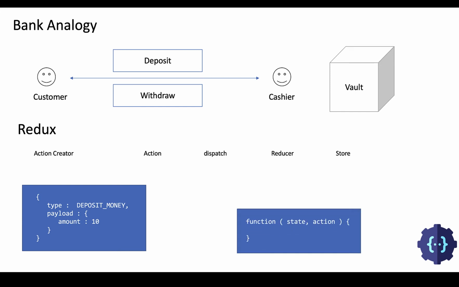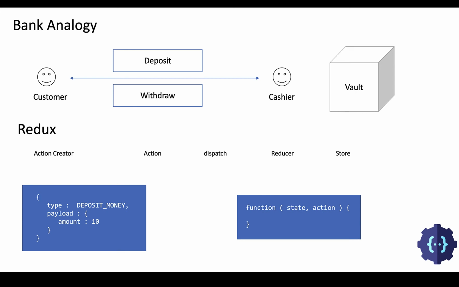What about reducer? Well, reducer is also a simple function which takes the state, in our case the vault, and the action from you. So if you want to deposit the money, and let's say that you already have £100 in your account, the cashier as a reducer will take that £10 from you.